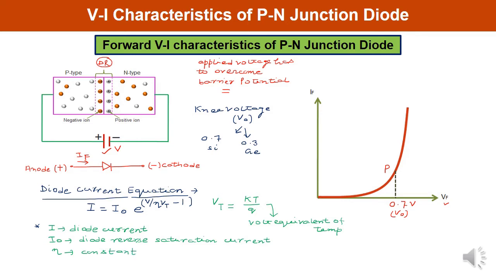Eta is 1 for germanium and it is 2 for silicon. So if you are going to calculate for germanium, you must put it as 1, and it is 2 for silicon. So this is how you can calculate the diode current also.